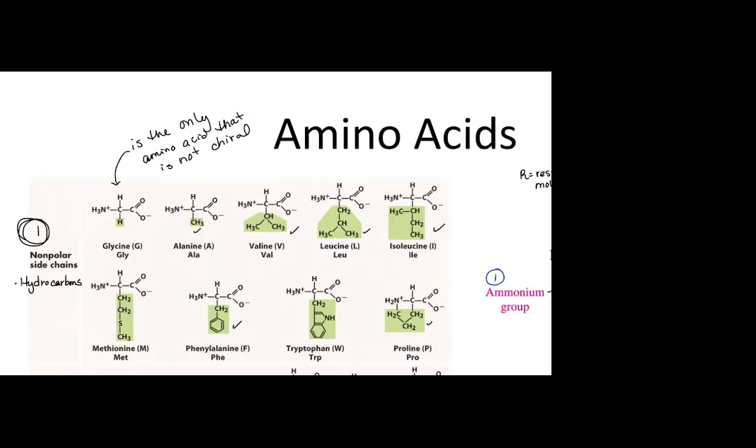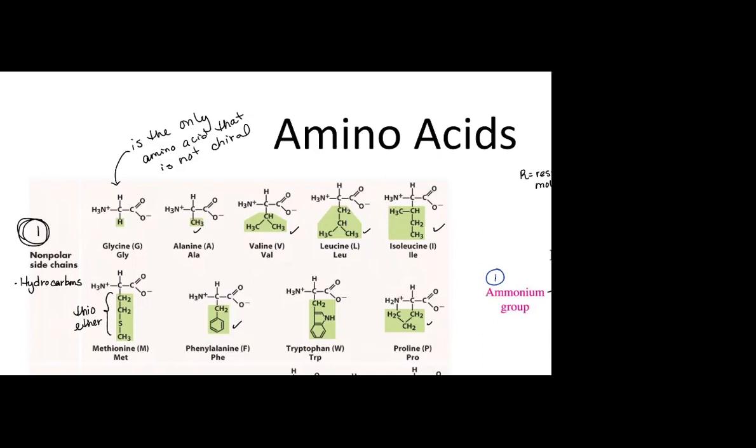Now, there's one functional group here that we haven't seen before, and that's the one in methionine. This group, you guys, or the side chain for methionine, is a functional group that we haven't seen before. This is known as a thioether.